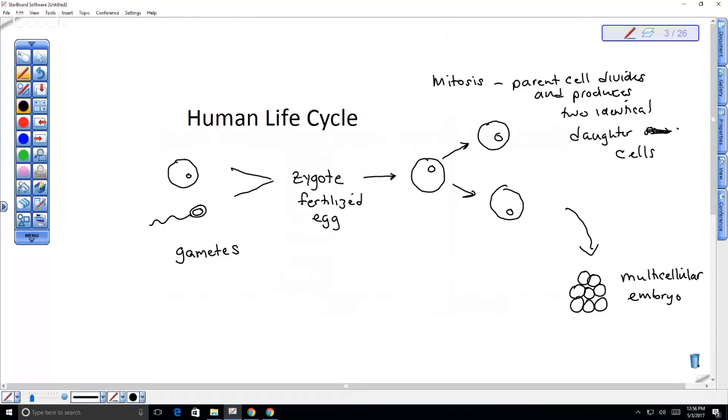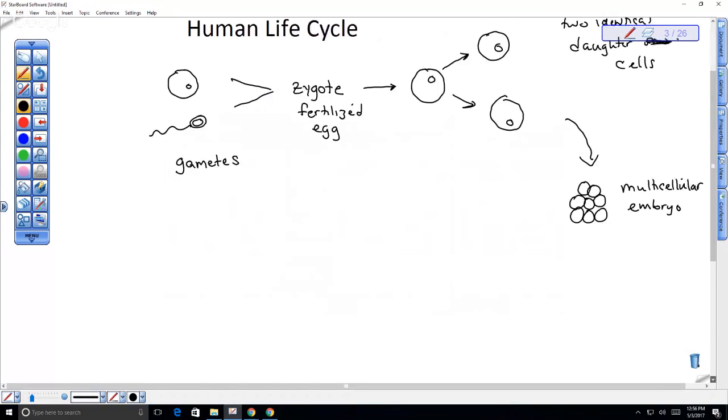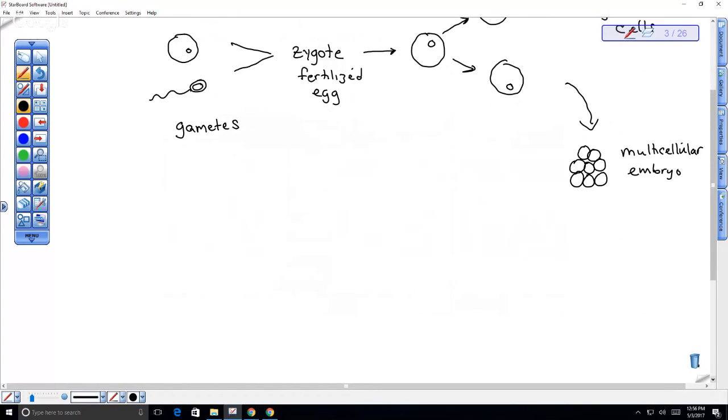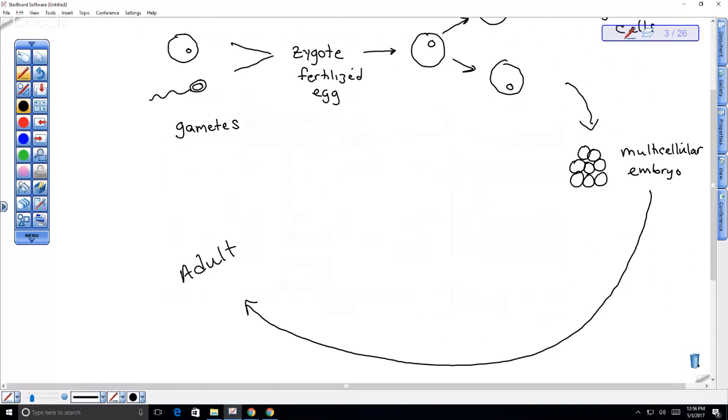Okay. From the multicellular embryo, I'm just going to skip through because we're not going to talk too much about development. This multicellular embryo is going to eventually produce a whole other adult. Okay, all of that is mitosis.